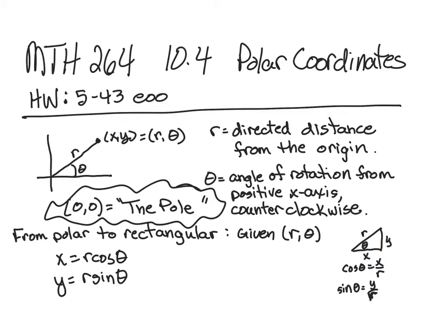Now, you see that that creates a right triangle where this distance is x value, that distance is y value, the cosine of that angle is x over the hypotenuse, sine is y over r. So that gives us our equations for finding the x and y values in rectangular form, where x is just r cosine theta and y is r sine theta. Very, very important that you get that down.